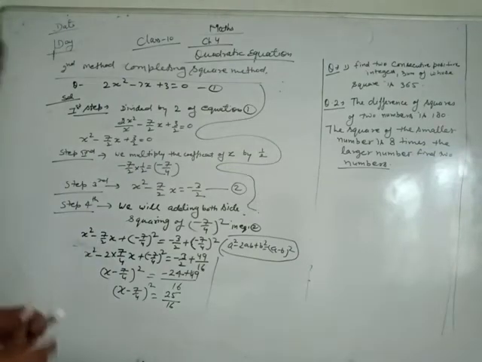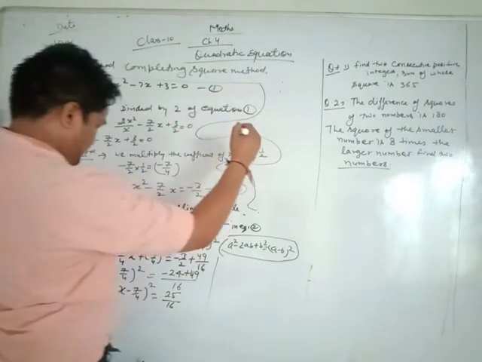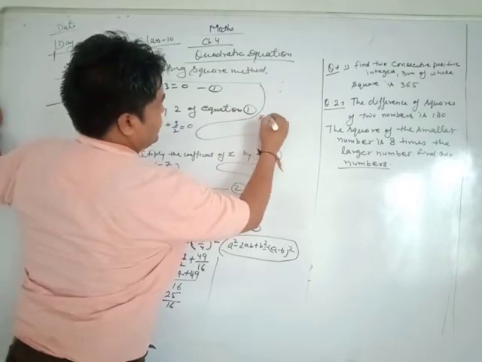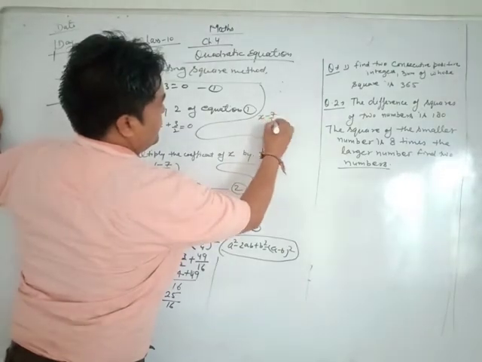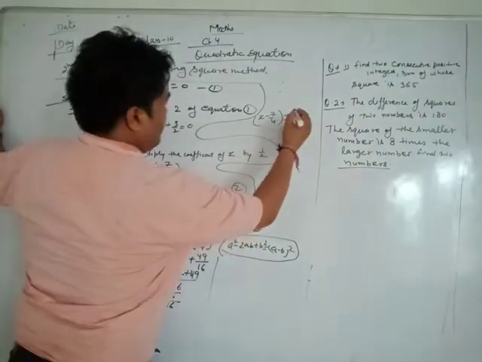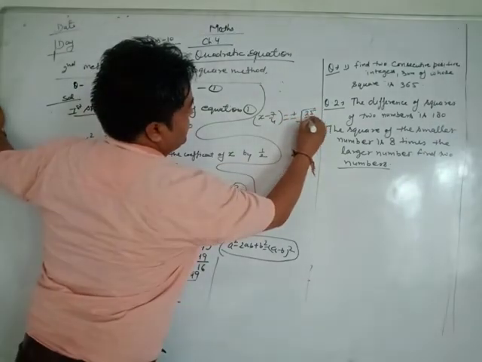Now we take the root. Omitting the square of x minus 7 by 4 on one side, it equals plus minus root 25 by 16.